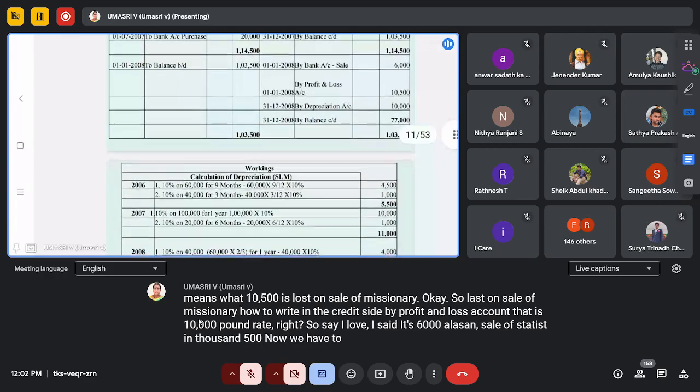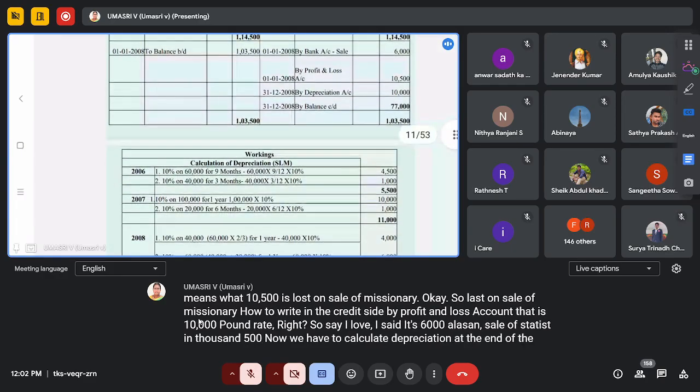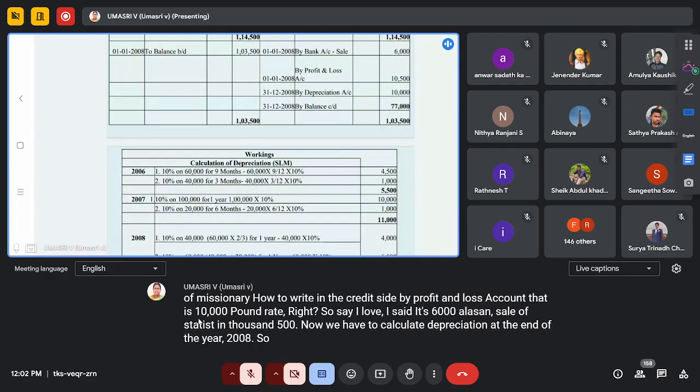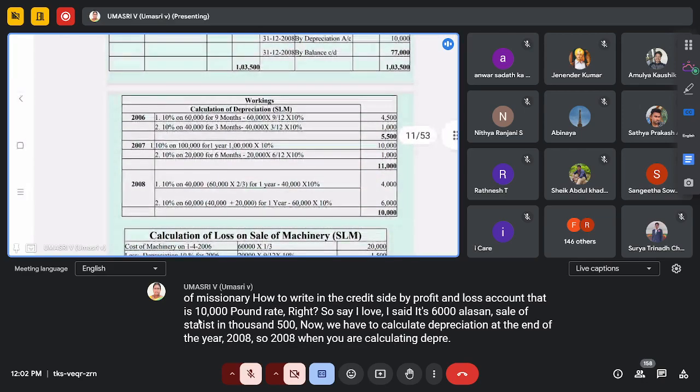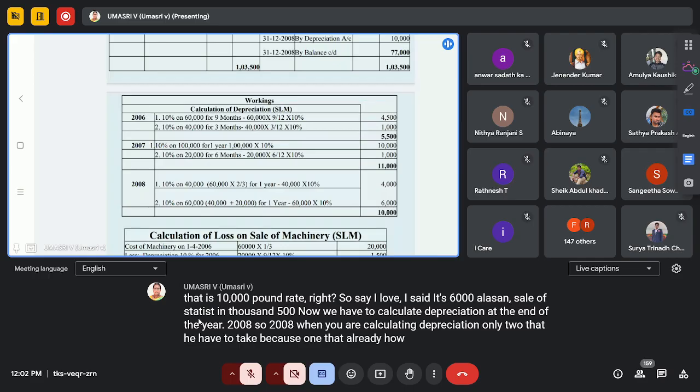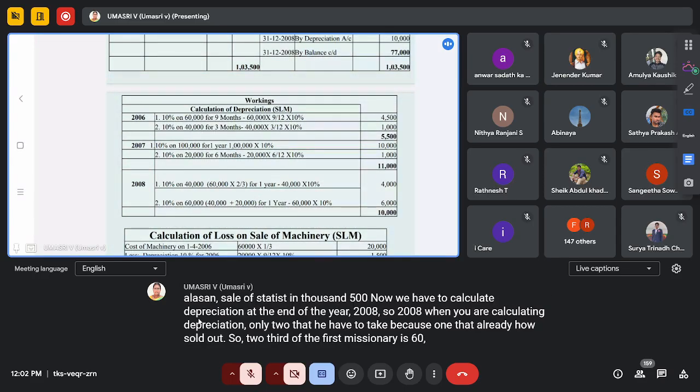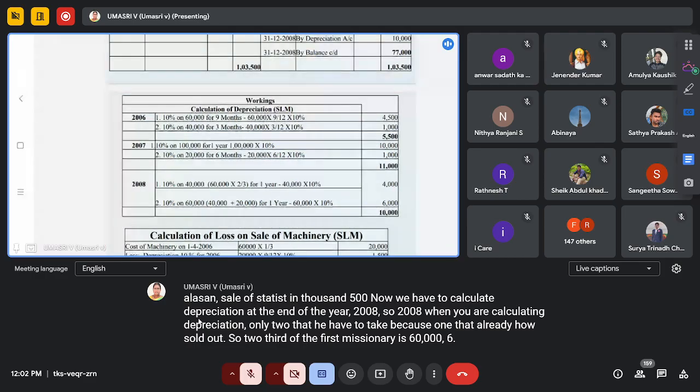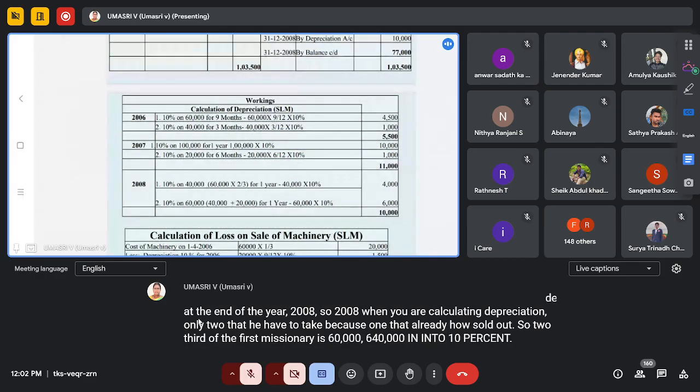Now we have to calculate depreciation at the end of the year 2008. When you are calculating depreciation for 2008, you take only 2/3 of the first machinery, because 1/3 has already been sold. So 2/3 of the first machinery 60,000 is 40,000 into 10%, that is 4,000.